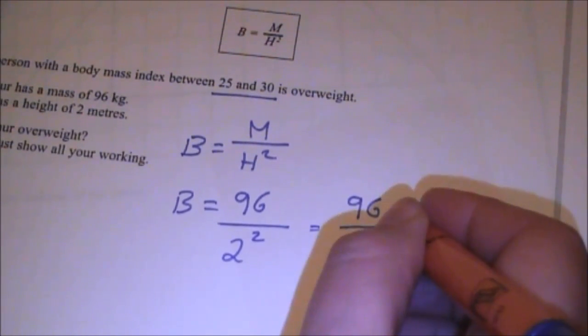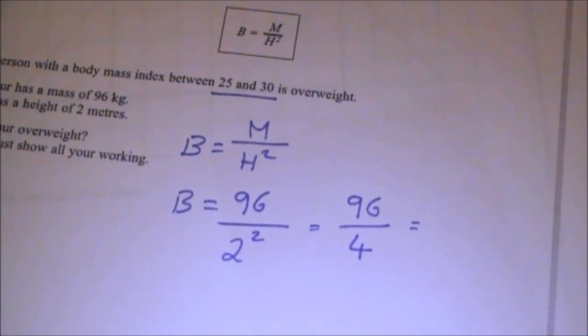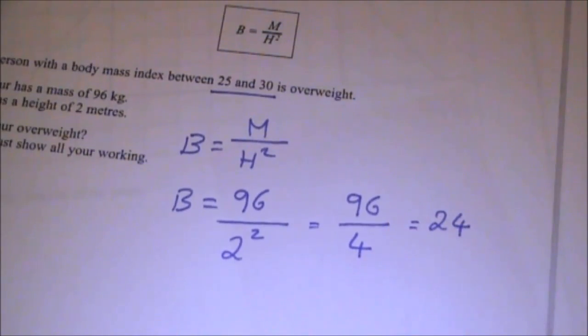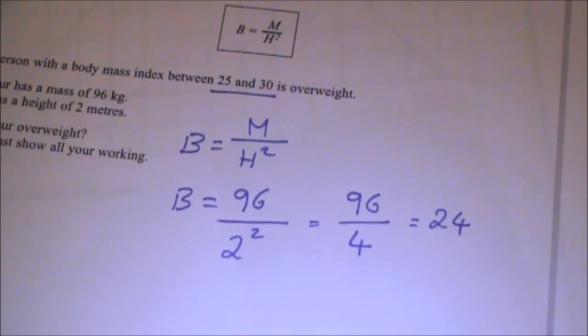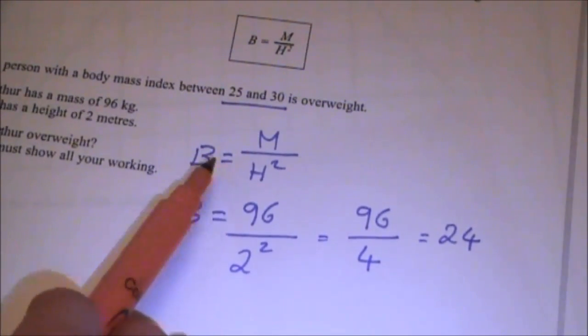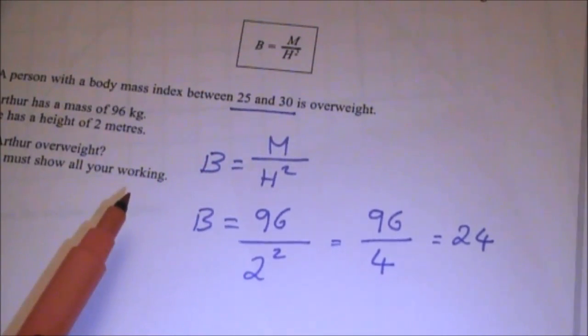Well, I know 100 divided by 4 would be 25. And I've got 4 less. So that is 24. The fact that his BMI has come out as 24 means I now need to comment on that, because here it says that overweight is between 25 and 30.